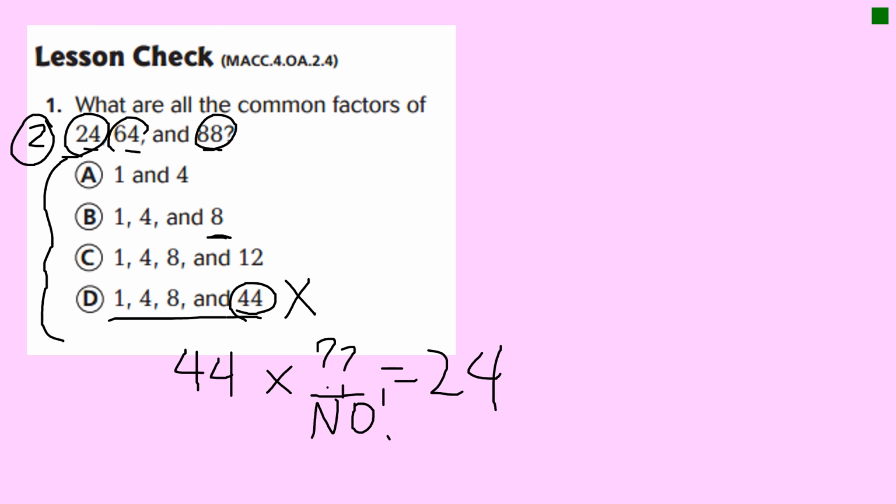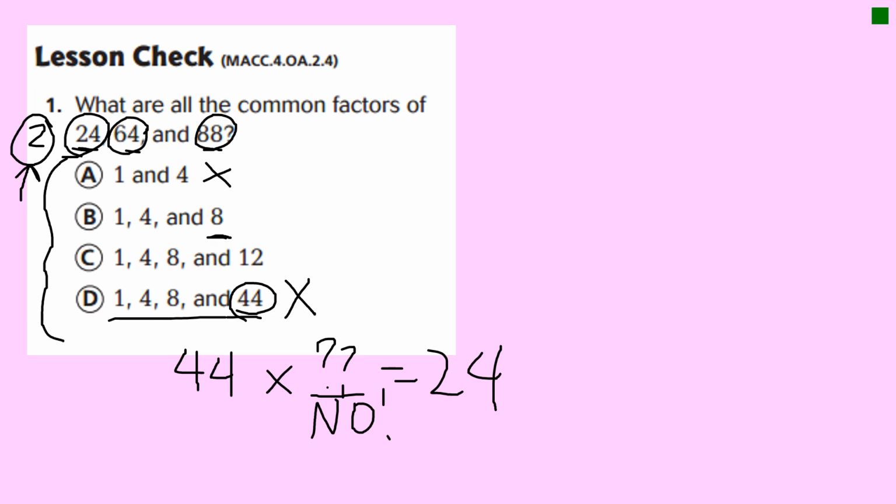I know 8 times 8 is 64. Is 8 a factor of 24? 8, 16, 24. Oh, it sure is. So A, goodbye, because there are more common factors. And don't forget 2 that we talked about over here that they left out.